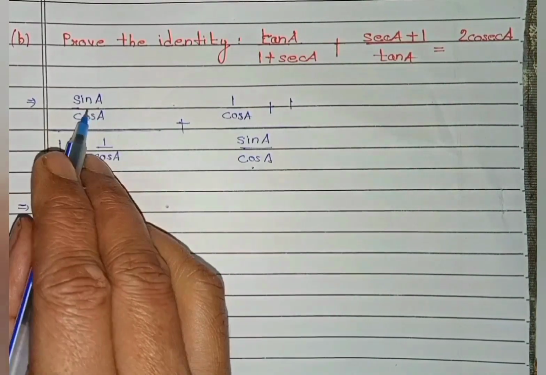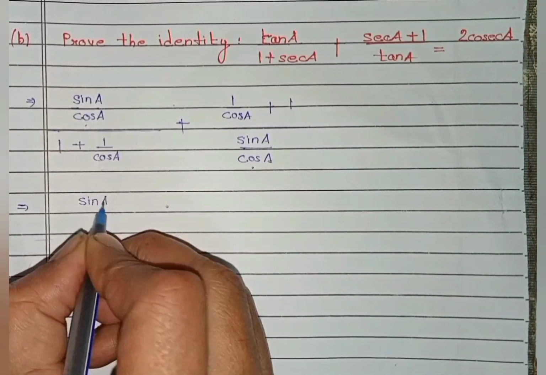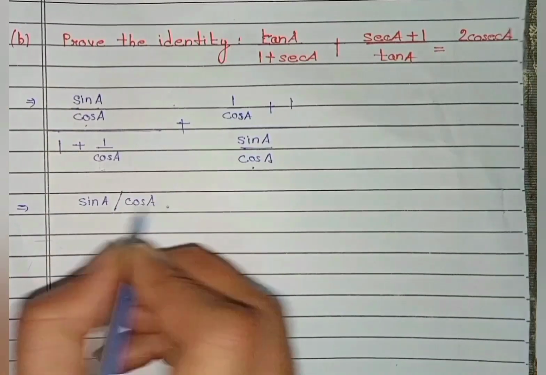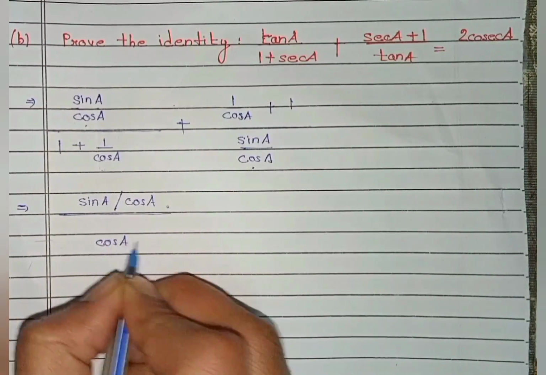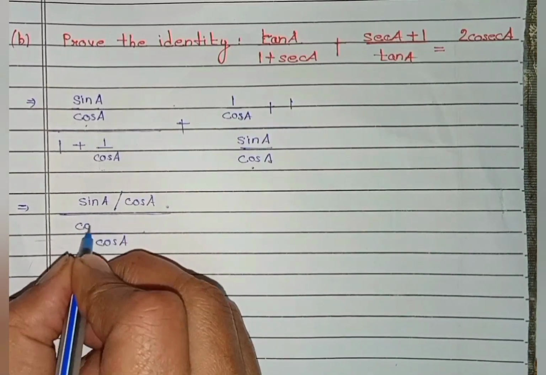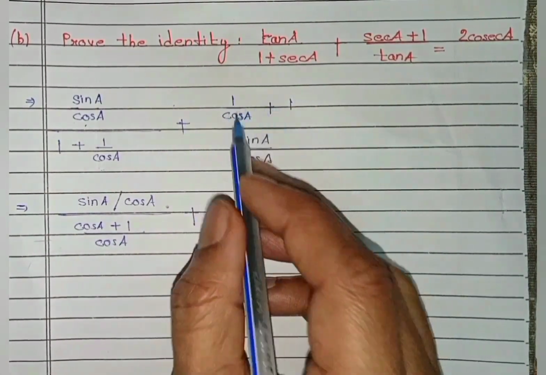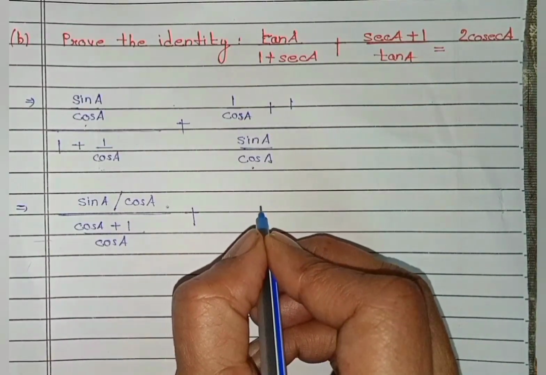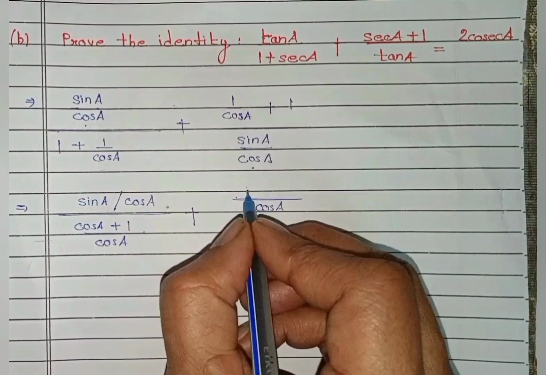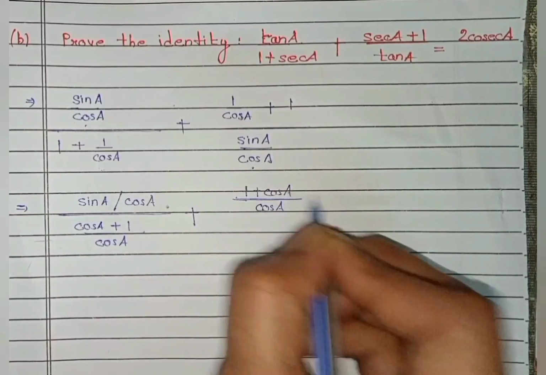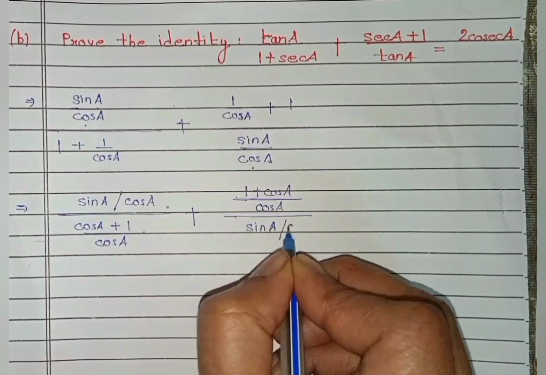Now in the next step, in the numerator place we have sine upon cos, and in the denominator place if we take LCM, we are getting cos as LCM, so we will be getting cos A plus 1. In this one, if we take LCM in the numerator place, LCM will be cos, so you will be getting 1 plus cos A, and in the denominator place it's sine upon cos.